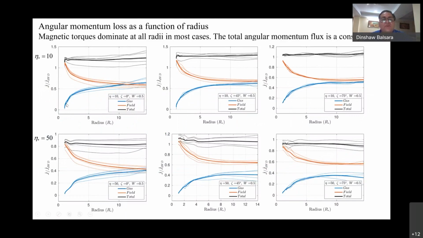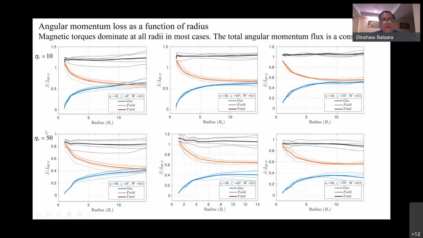And the blue line shows you the run of gas angular momentum flux as a function of radius. And it's interesting that as the angular momentum drops off in the magnetic field, namely as the magnetic fields become diluted as you go outwards and carry increasingly less angular momentum, that's when the gas gets spun up and is carrying more of the angular momentum. And that's what you're seeing out here.